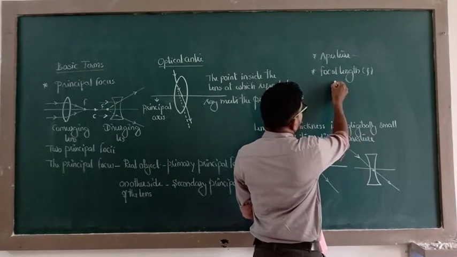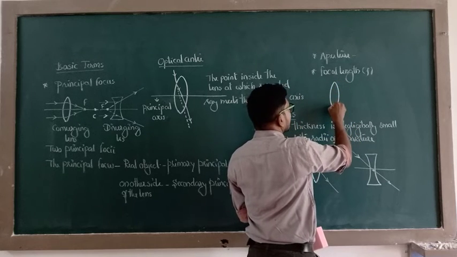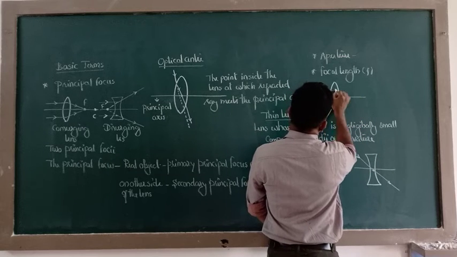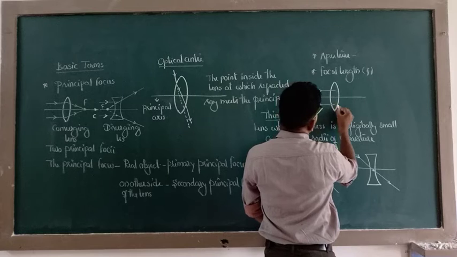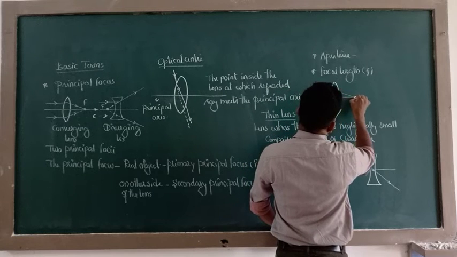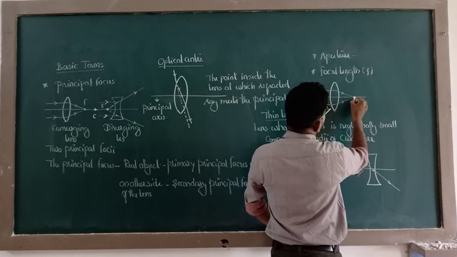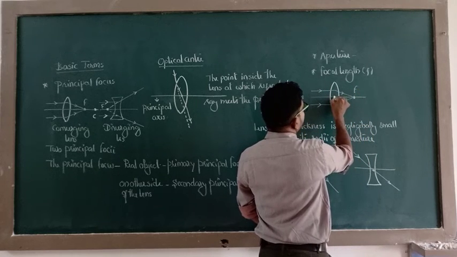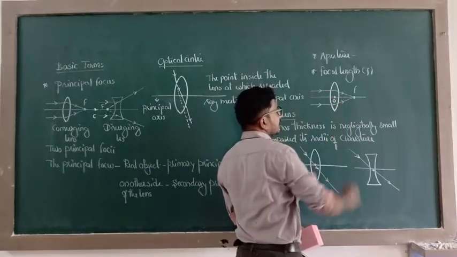So let us consider a biconvex lens. When a parallel light beam is made to pass through this optical medium, after refraction, it produces a convergent beam of light. So this point is known as principal focus. Let us say this point is optical center, so here O is the optical center.